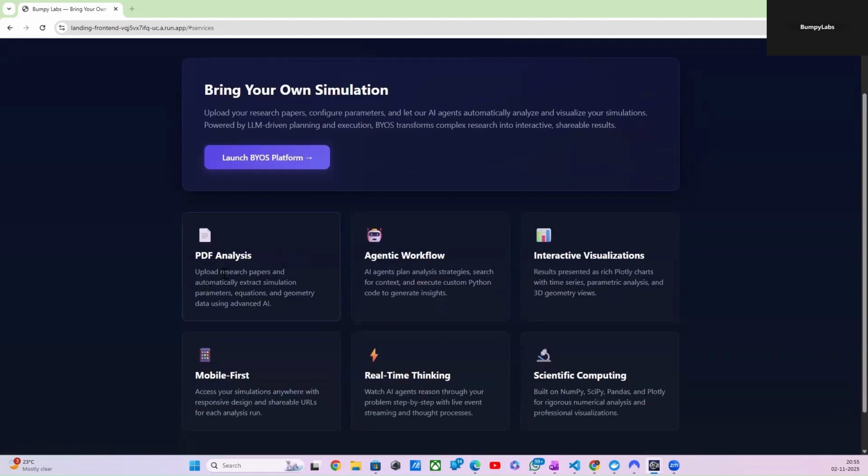But before we enter the door, let's have a quick overview of what this can do. You can upload research papers, which will be able to extract your simulation parameters, equations, and generate data using advanced LLM models.